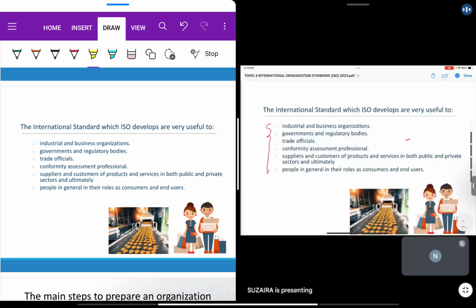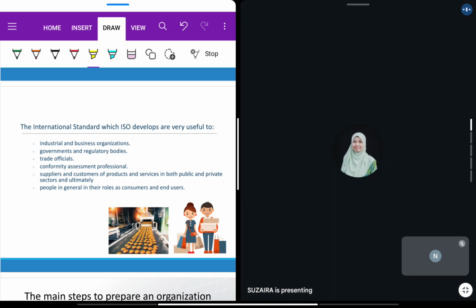Then government and regulatory bodies that want to audit a company can also use ISO.